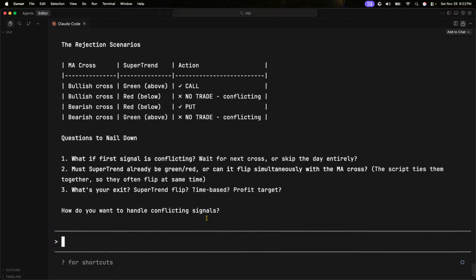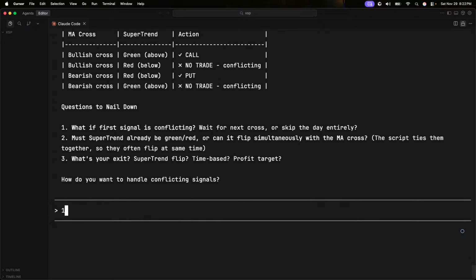Okay, what do you mean? Give me an example. Must the super trend already be green or red, or can it flip simultaneously with the MA cross? The script ties them together, so they flip often at the same time.